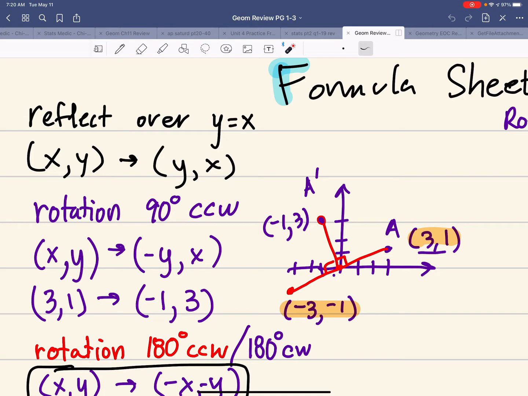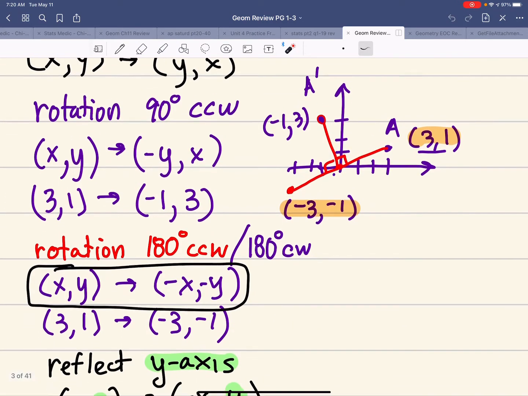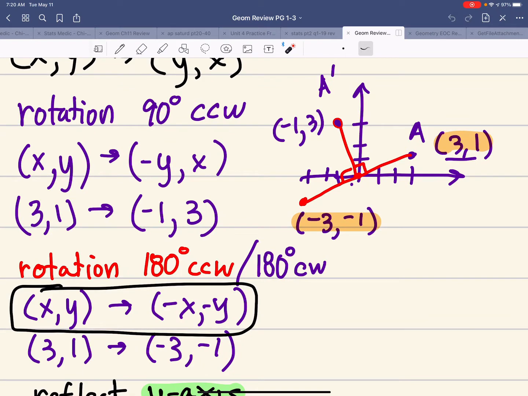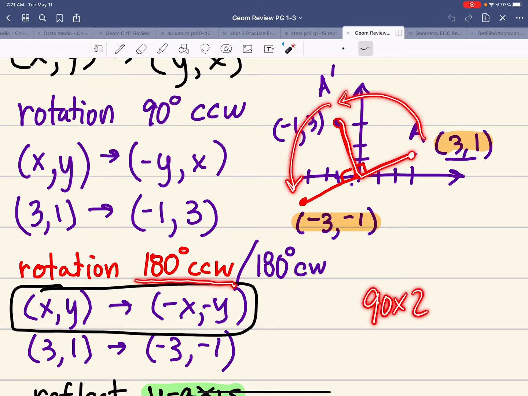Now, if we were to do that again, same thing, just rotate it another 90 degrees, we would end up over here at -3, -1. We can do the same thing to recognize what would happen to the coordinate. So if instead of rotating it 90, what if we rotated it 2 90s? That would be 180 counterclockwise, because 90 times 2 is 180.